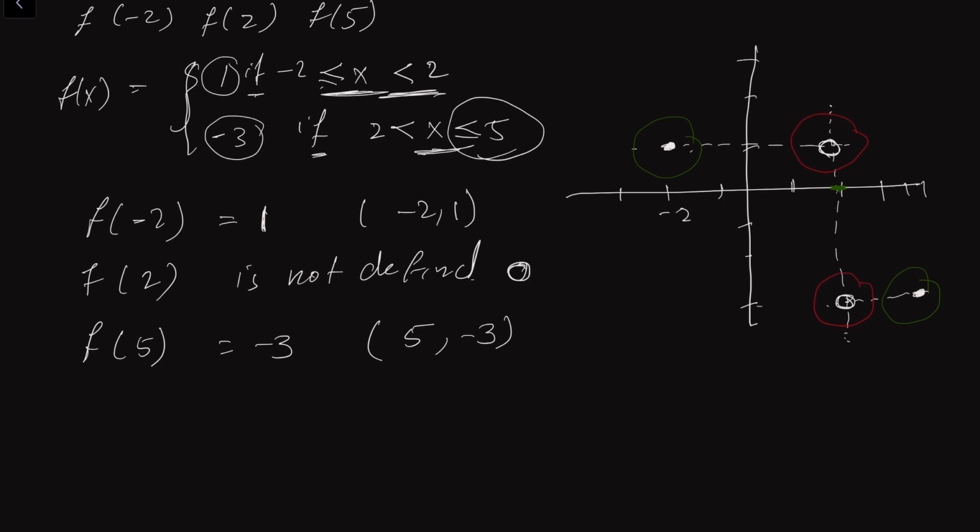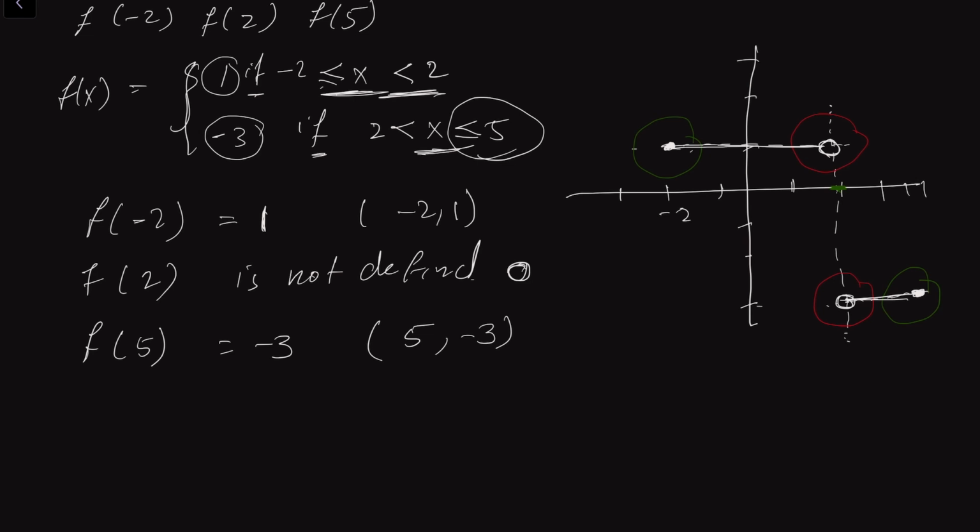So we draw a straight vertical line. And we have a value for x equal to negative 2 and x equal to 5.